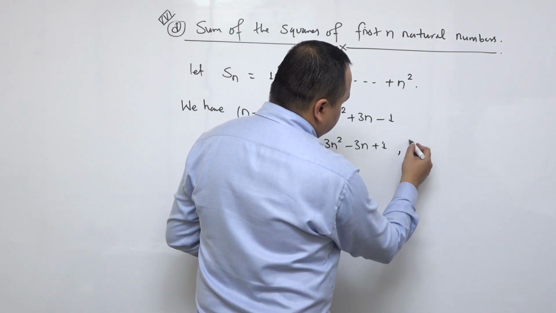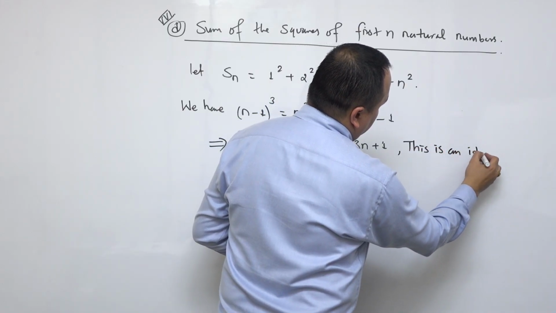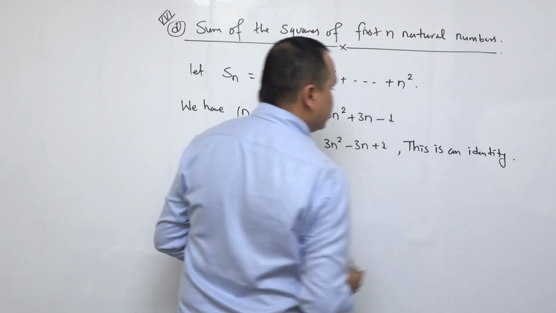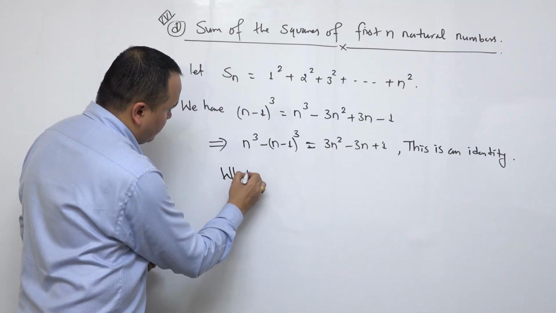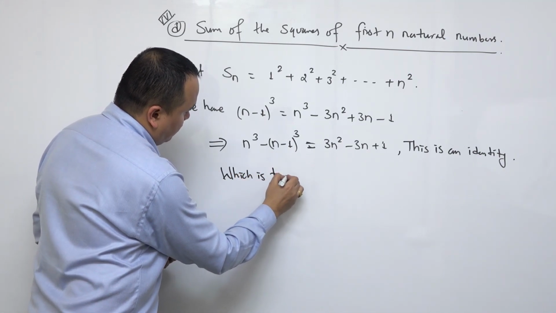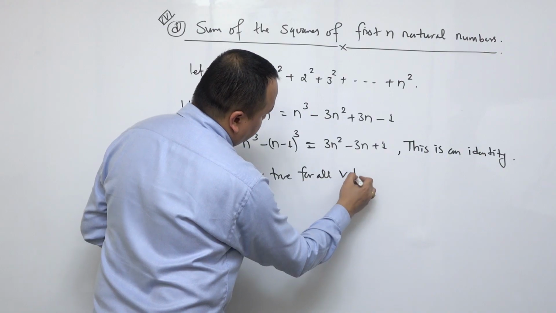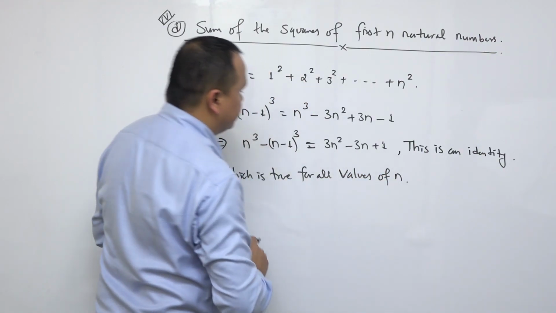This is an identity, which is true for all values of n.